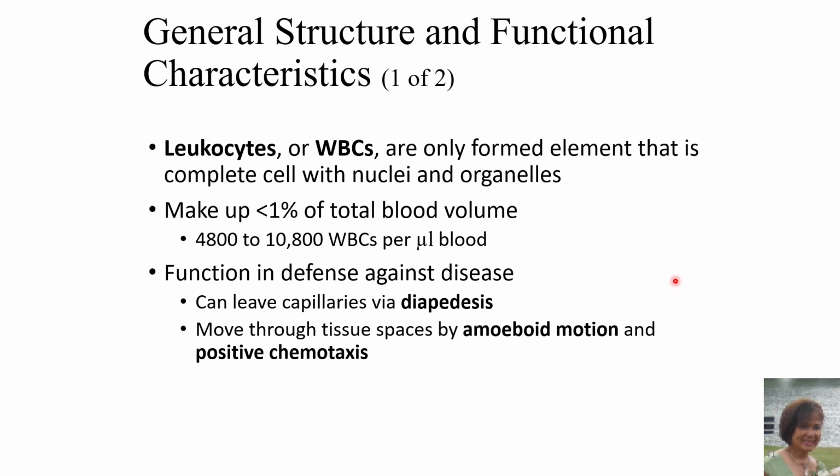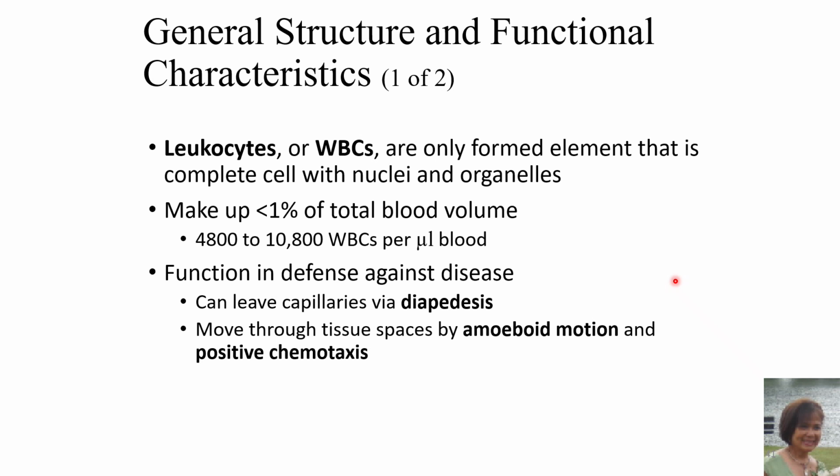Your white blood cells account for less than 1% of the total blood volume. There are only about 5,000 to 11,000 white blood cells per microliter of blood. About half a drop is 1 microliter, and there are about 5,000 to 11,000 white blood cells in it.